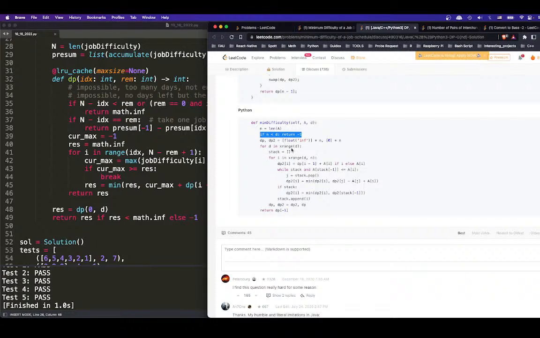For d in range, so for d in D, stack from D to N, plus a[i]. While stack. Doesn't make any sense.